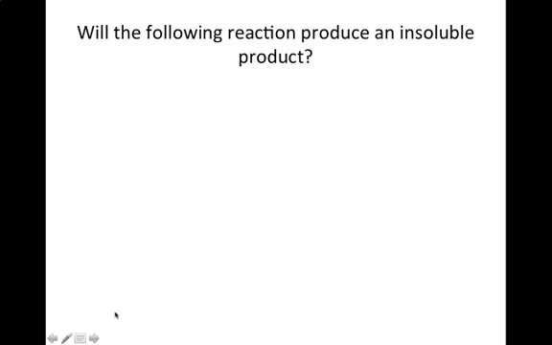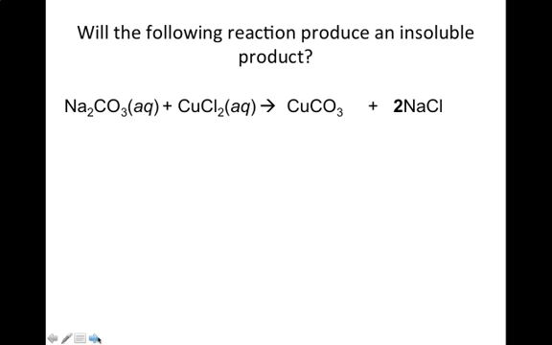Okay, will the following reaction produce an insoluble product, or will the reaction occur? Here we have sodium carbonate and copper chloride. If we swapped these partners, can we possibly form an insoluble product?